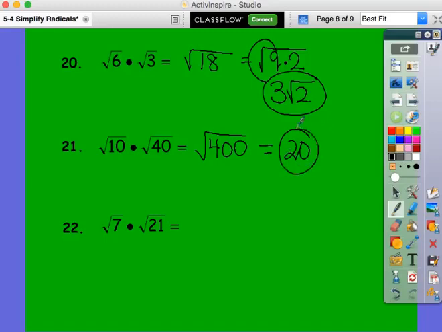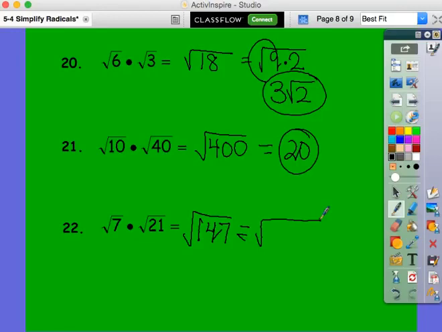Okay, the next one. Square root of 7 times square root of 21 is the square root of 147. Very good. You might need to think about that one for a minute. It's odd. See if you can think of a number from your list that can divide into 147, because it isn't a perfect square, so we're going to need to break it down. Haley, do you have it?